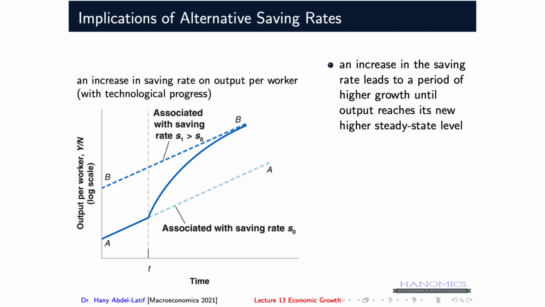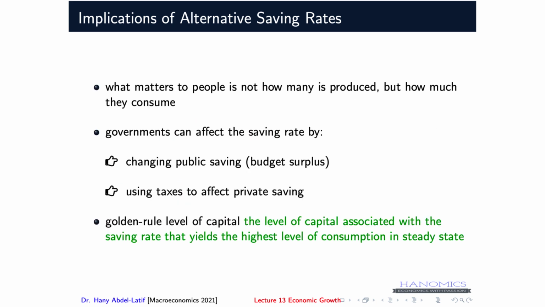So moving from here, we should know that what matters to people isn't how much is produced, it's more how much they consume, which government can affect through the saving rate. Obviously, we discussed this before.